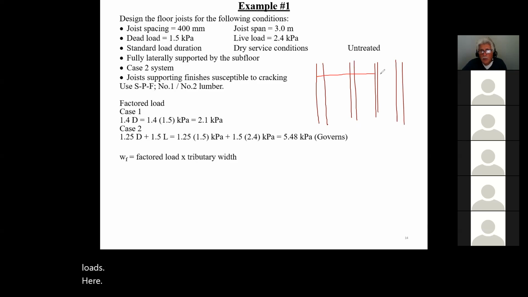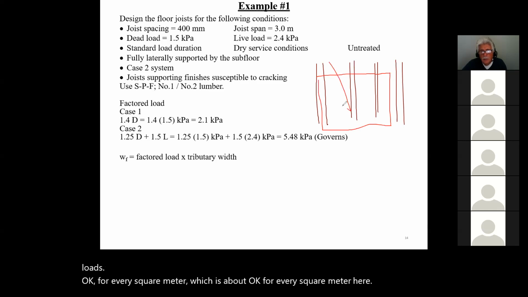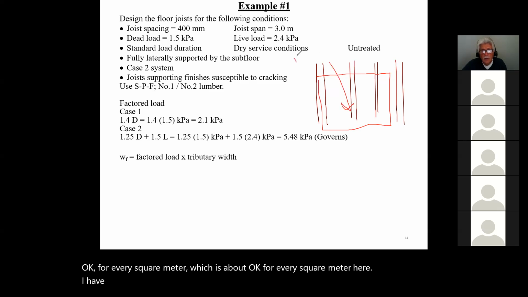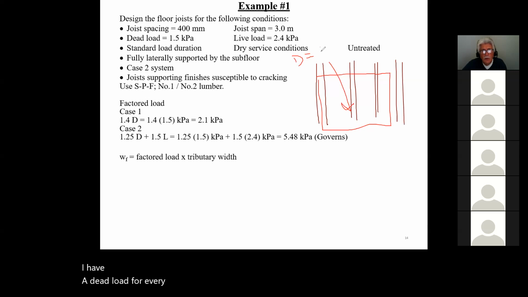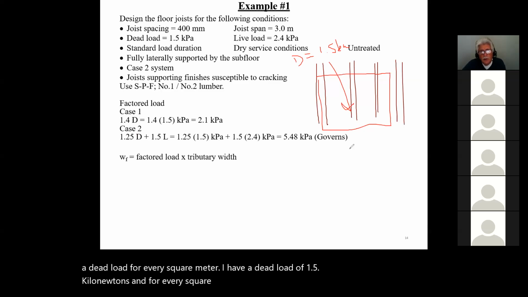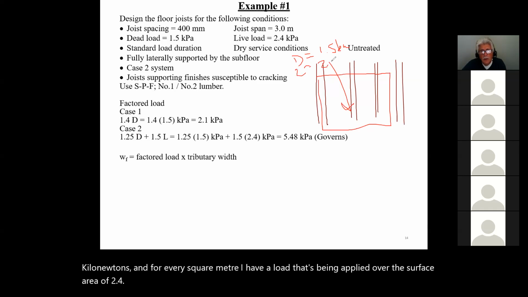For every square meter, I have a dead load of 1.5 kilonewtons. And for every square meter, I have a load being applied over the surface area of 2.4 kilonewtons.